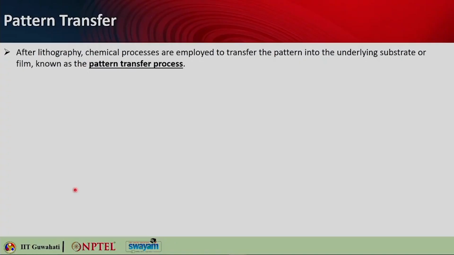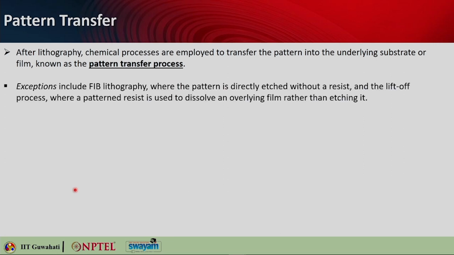Now, quickly let us look into the pattern transfer methods. After lithography, we have seen that chemical processes get involved to transfer the pattern into the underlying substrate or the film, and this process is called the pattern transfer process.